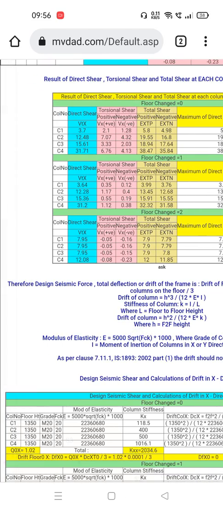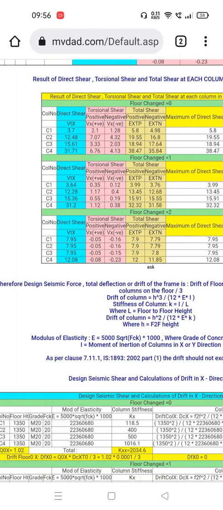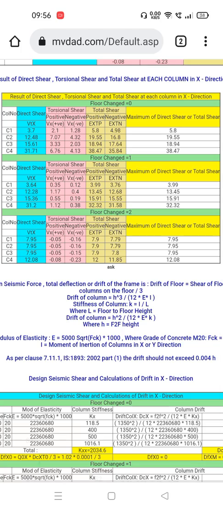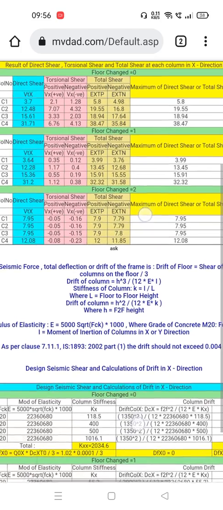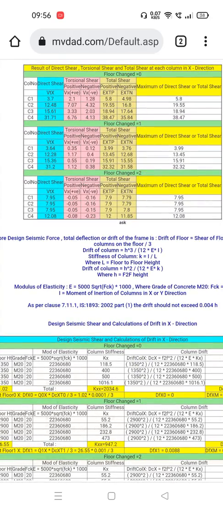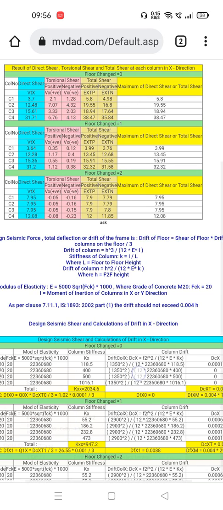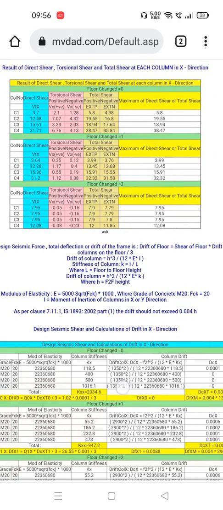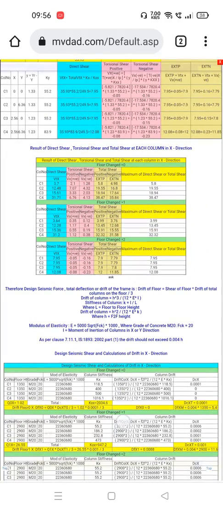Now the main design seismic force, total deflection or drift of the frame. As per the IS code formulas, modulus of elasticity, the drift should not exceed 0.004 h, in other words 0.4% of the height, and that we have calculated frame-wise, floor-wise.